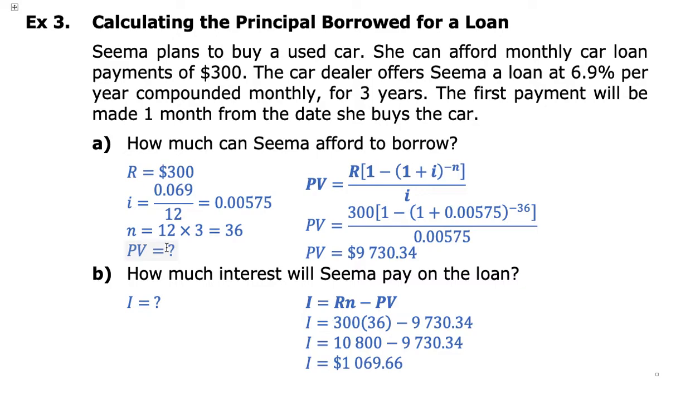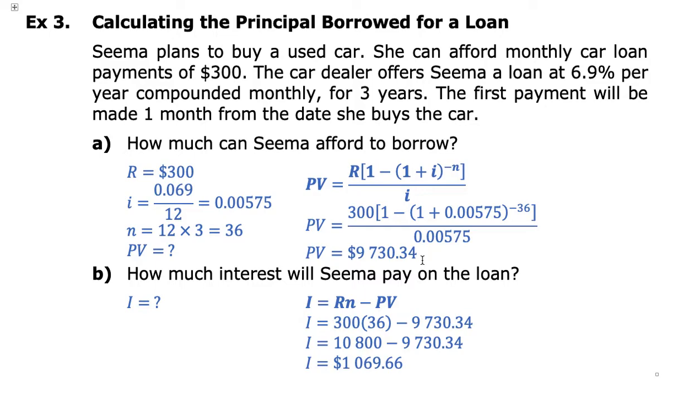If it's compounded monthly for 3 years, this is the number of times per year multiplied by the number of years. That's 36 different payments. So what is the present value equivalent to making these regular payments? Substituting in our given variables, we get $9,730.34.